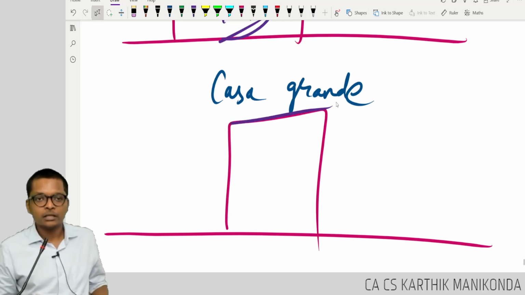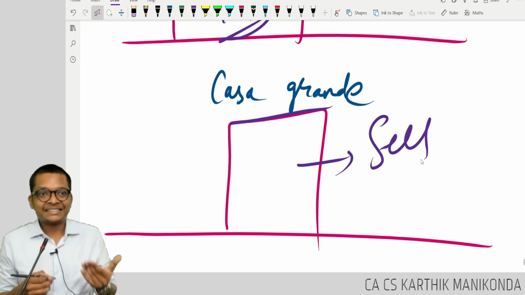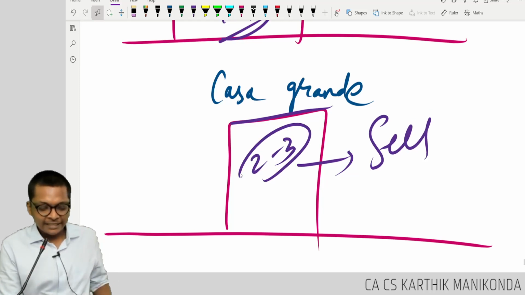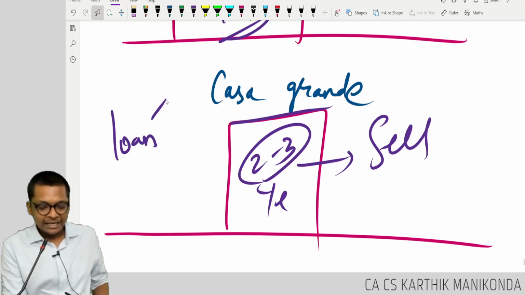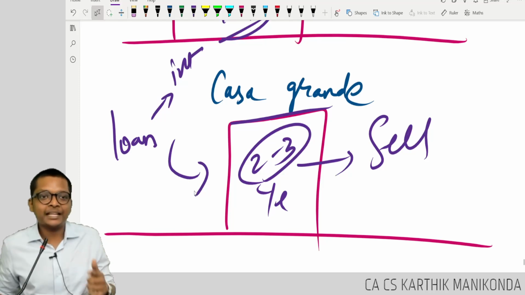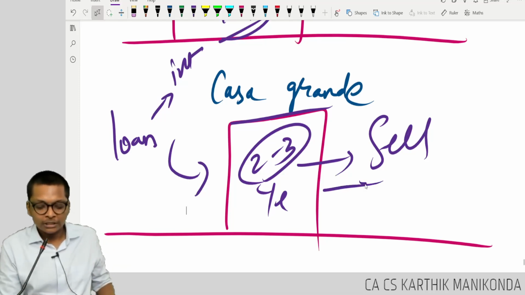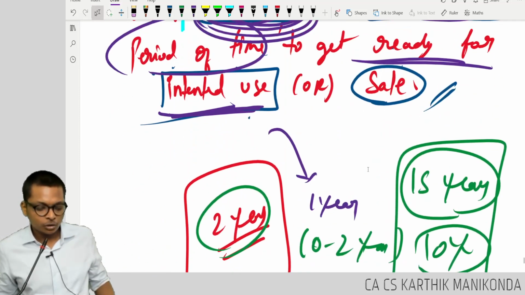Okay, fine. They are famous for construction of houses. They construct apartments and do what, guys? Sell. Their apartment construction might take 2 to 3 years. So Casa Grande takes a loan, pays interest and constructs a house for 2 to 3 years. But are they going to stay there? No. They only want to sell it. Are you following, guys? Okay.